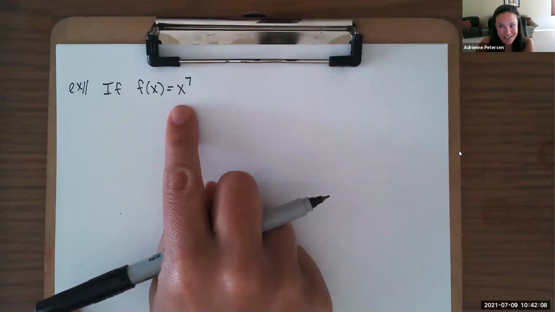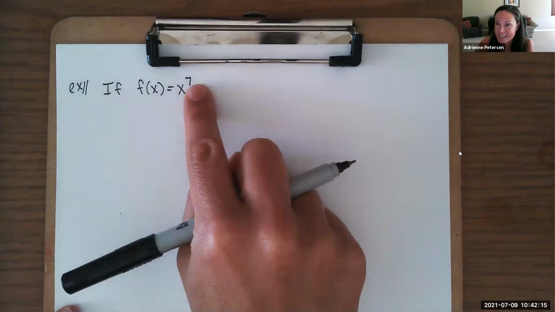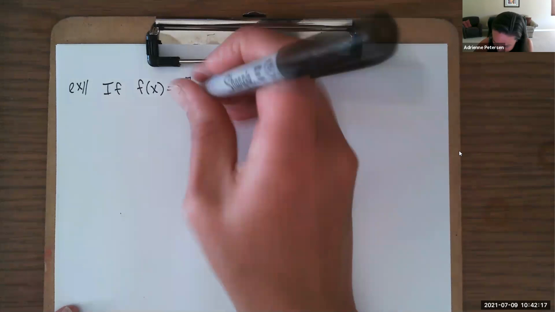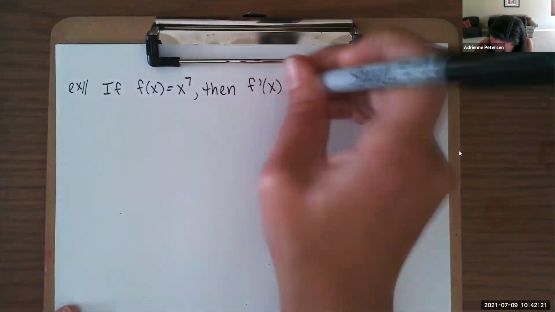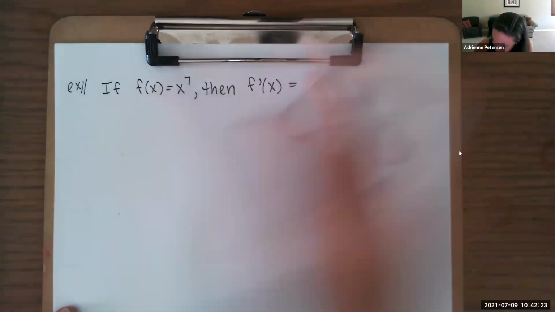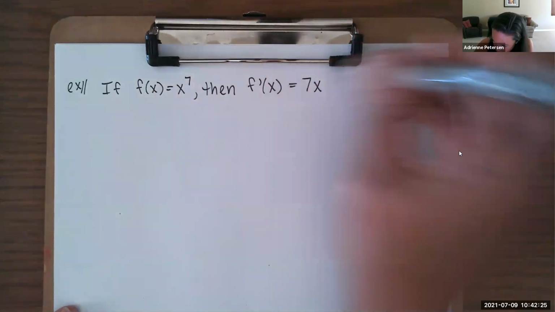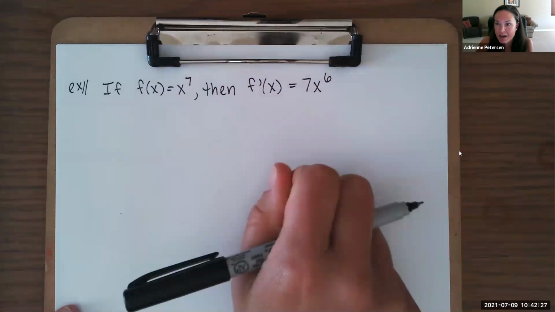That's horrible. So let's not do that. From now on, we're going to use the power rule. The power rule says if we have x to the n, then to find the derivative, we bring the power down in front. So we write this as 7x to the 6, and we decrease our exponent by 1. That's it. That quick.